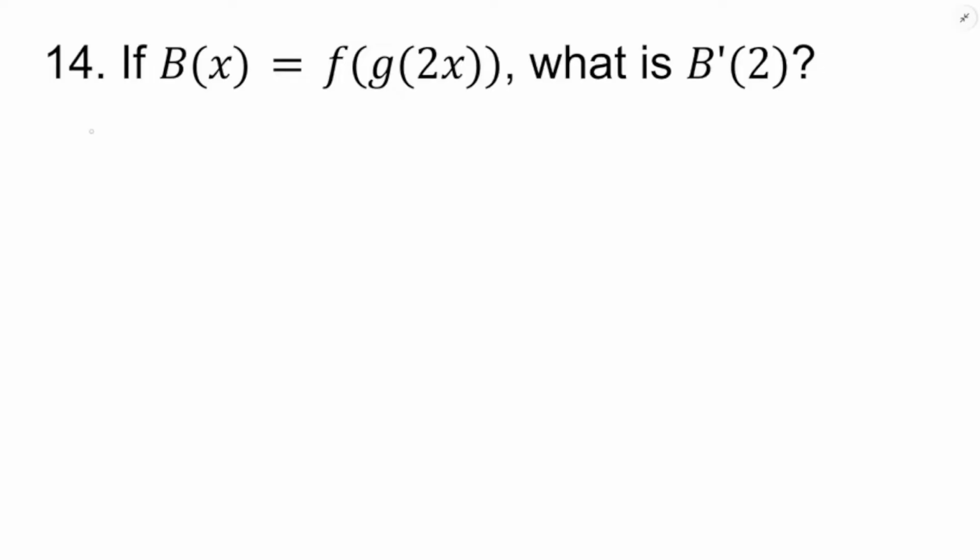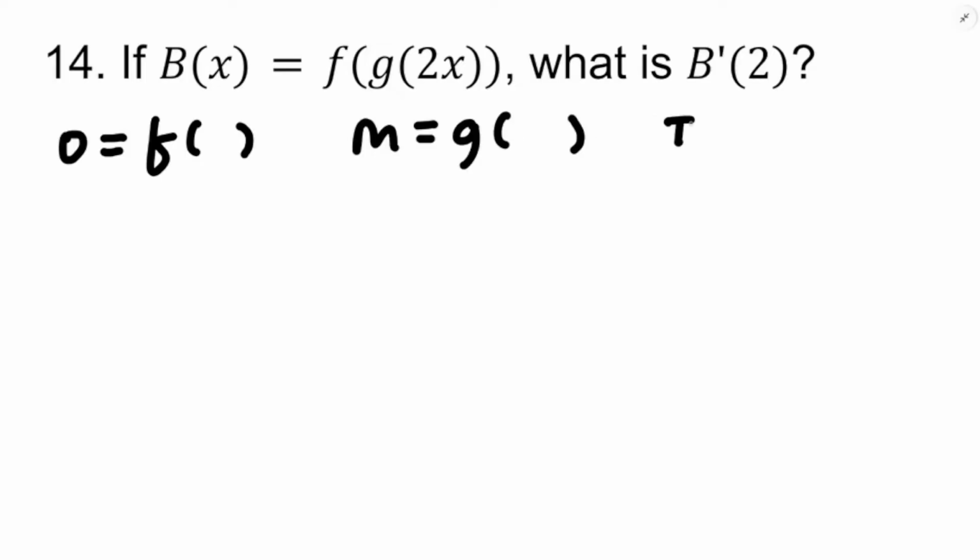So on the outside, we've got f. In the middle, I've got g. On the inside, I've got 2x. Another thing that's nice about this as a scaffold is that you can be flexible with it, and you could say that the inside was g of 2x if you knew that the derivative of g of 2x was going to be 2g prime of 2x.